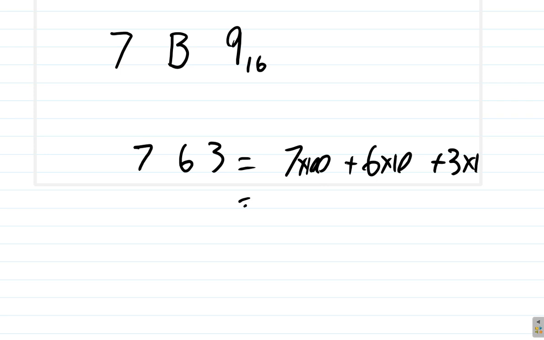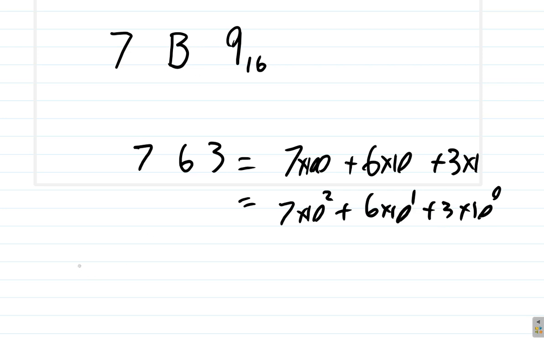Then we rewrite the tens, ones, hundreds as 10 to a power. What we would have is 7 by 10 squared plus 6 by 10 to the power of 1 plus 3 by 10 to the power of 0. Alright?